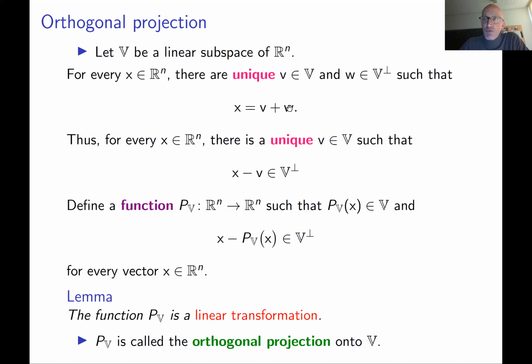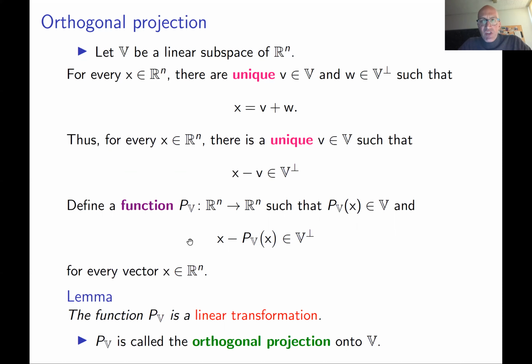Clearly 0 equals 0 plus 0. And vector 0 is contained in V, and vector 0 is also contained in the orthogonal complement to V. So we have this decomposition. We know it's unique, so this proves that vector 0 is mapped to vector 0. So we proved the first property of linear transformations.